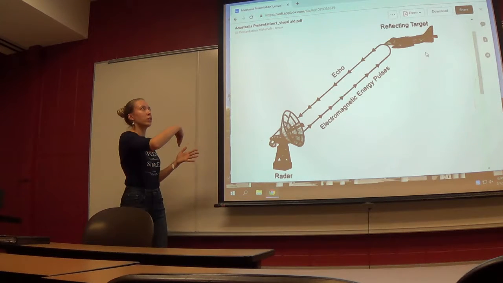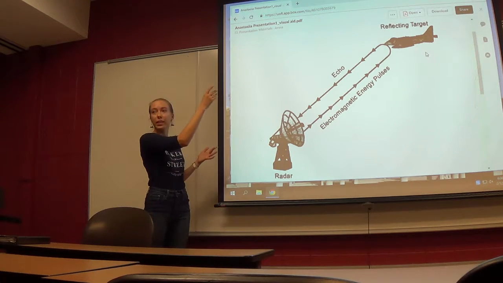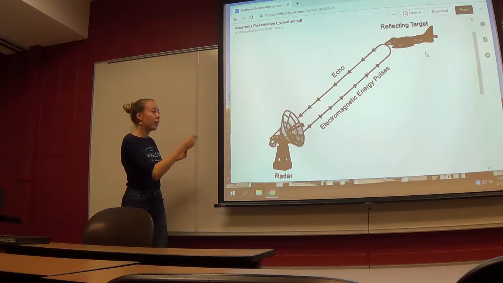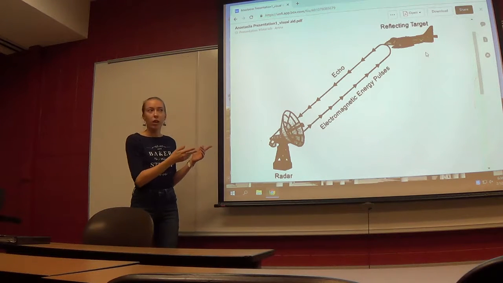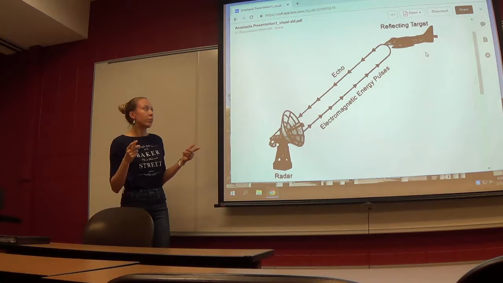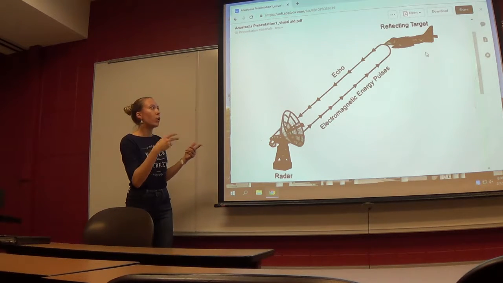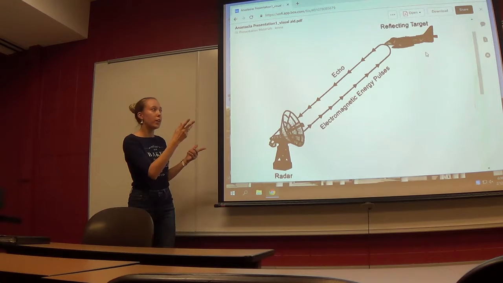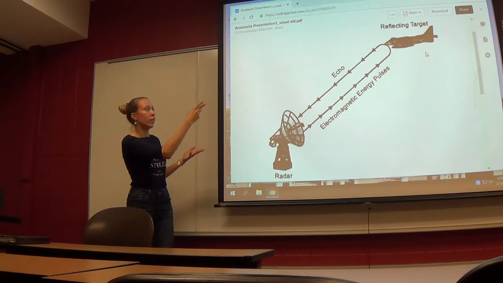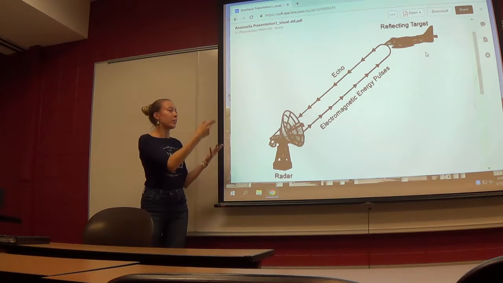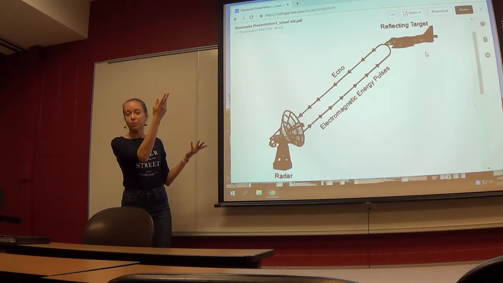That pulse travels towards the target, reflects there, goes back, and is captured by the antenna. So by measuring the time interval needed for the pulse to go there and back again, and knowing its propagation velocity, we can calculate the path that was covered by that pulse. That path is actually twice the distance from the antenna to the target.